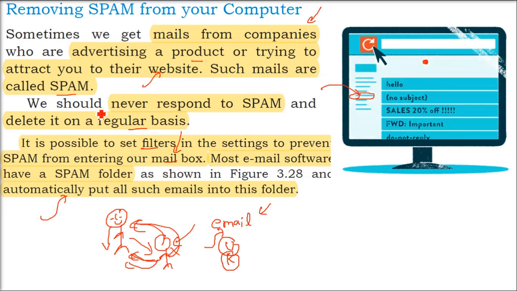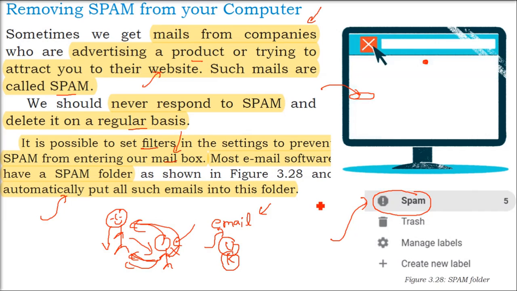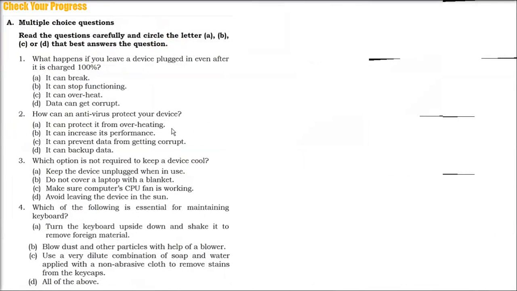There are email software that know what to do, so they will automatically put all such emails that you have marked as spam in this spam folder. Sometimes somebody emails you and you are not getting it. Sometimes it may go to spam, so you have to check it. So the spam folder is different, and a trash or a recycle bin is different.